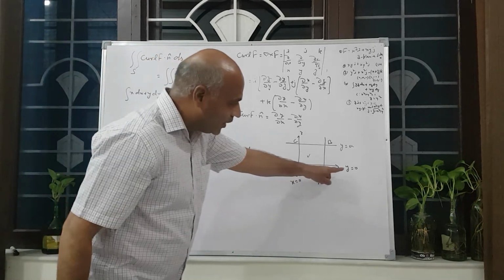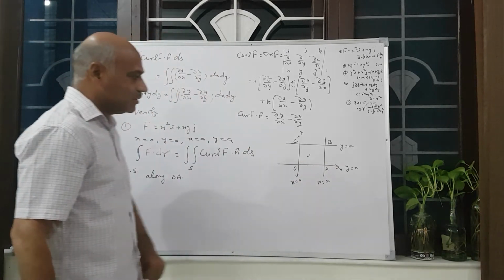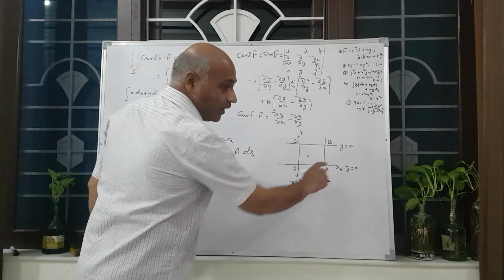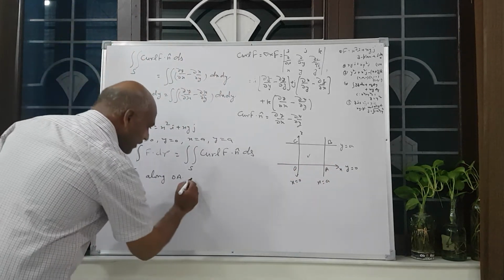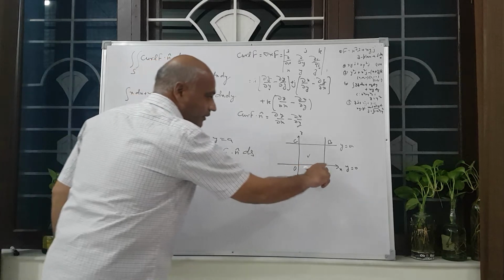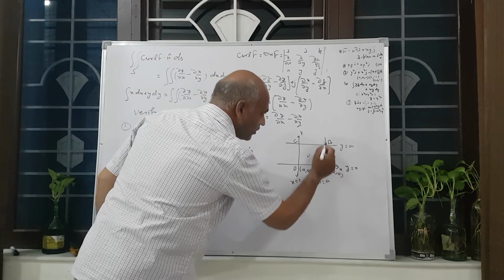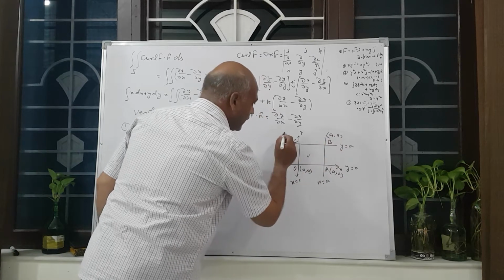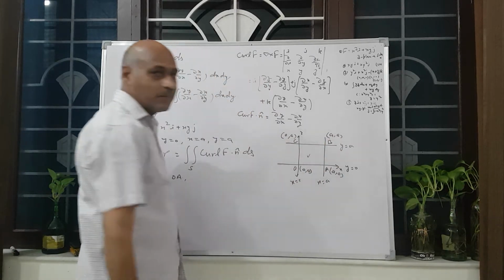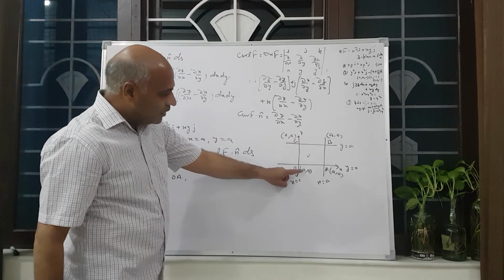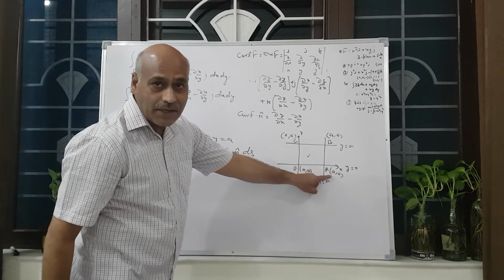In line OA, y is equal to 0. This is 0, 0. This is A, 0. This is A, A. This is 0, A. So here you see, x is changing from 0 to a.